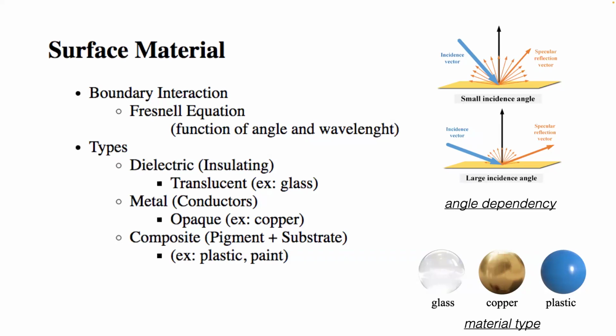With all this, we can study and understand what happens when the radiant energy is transmitted and scattered from some light source at the boundary of different medium surfaces in our scene.